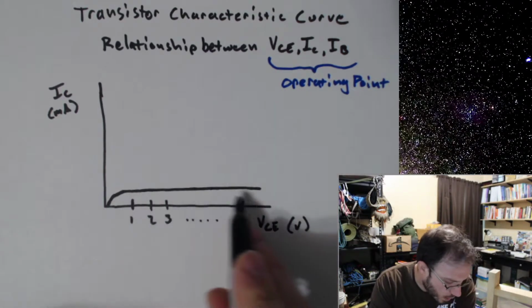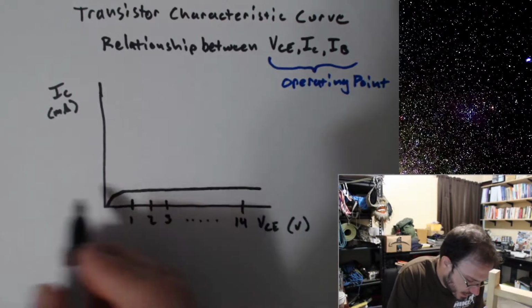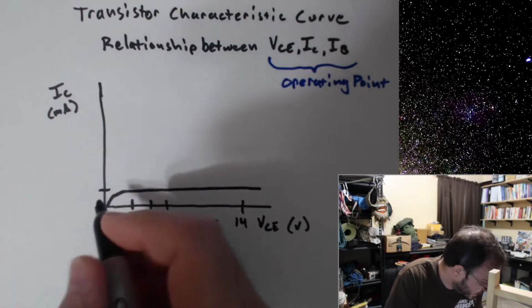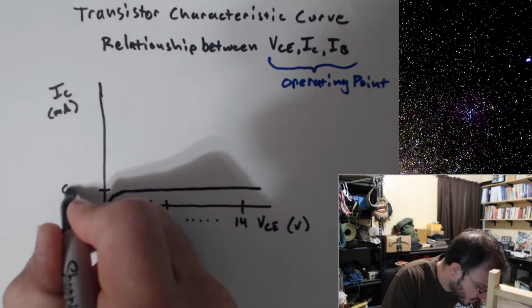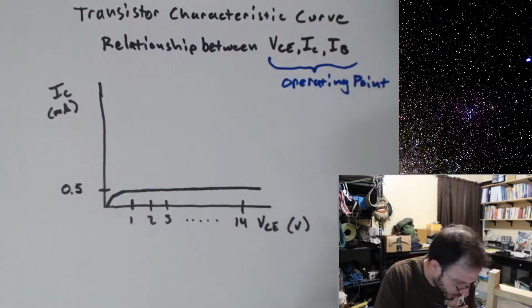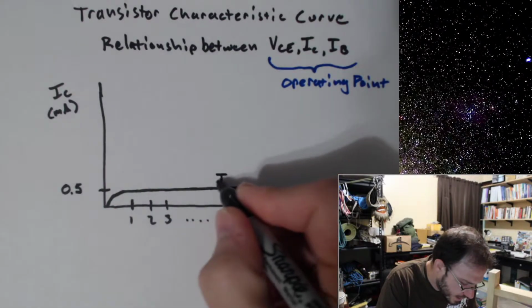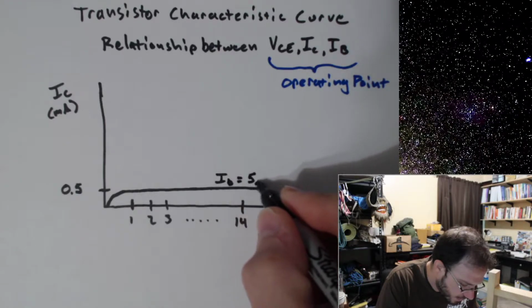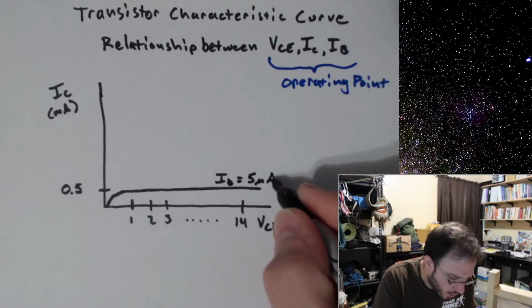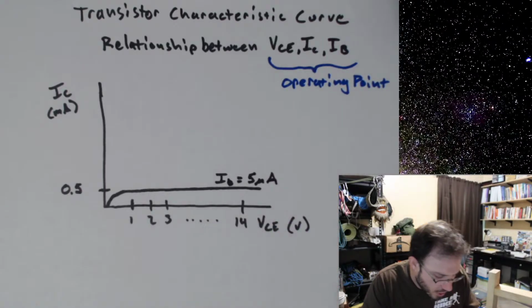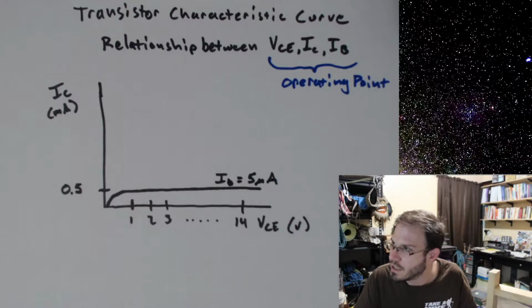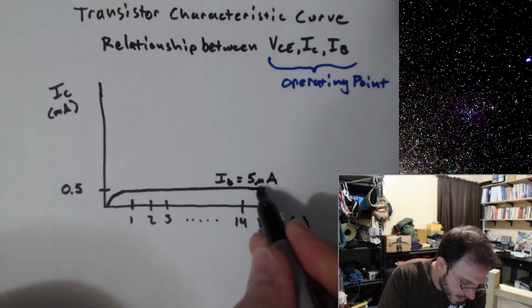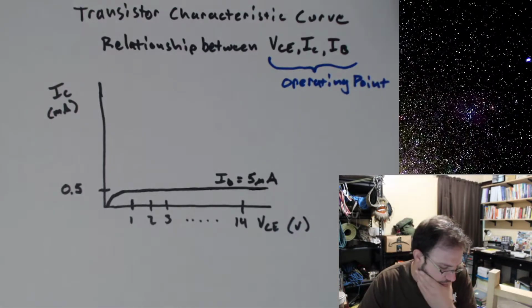This one curve is at about 0.5 milliamps, and this one is for a base current of 5 microamps. I am drawing a generalized characteristic curve for a fictitious transistor to demonstrate this relationship.